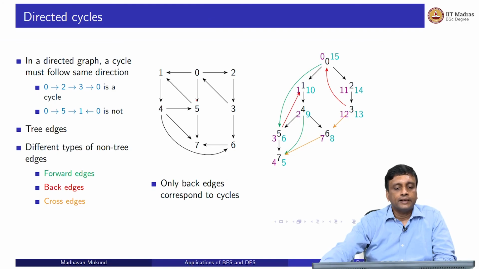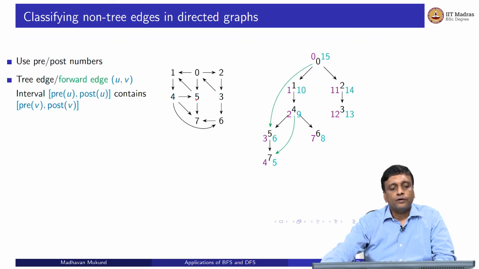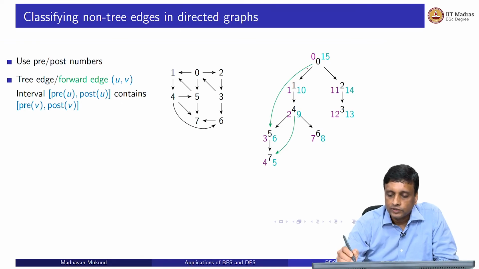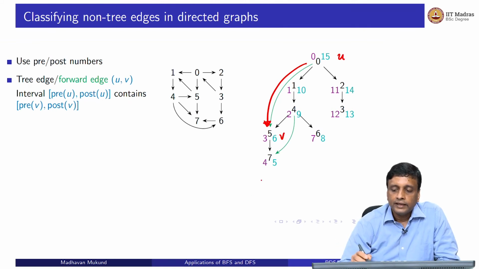This is where our numbering helps us. We can find out whether an edge is a back edge or a forward edge or a tree edge by using this pre and post number. So let us look at this edge, for instance. It is going from some u to some v. Then what this means is that v was processed under u.